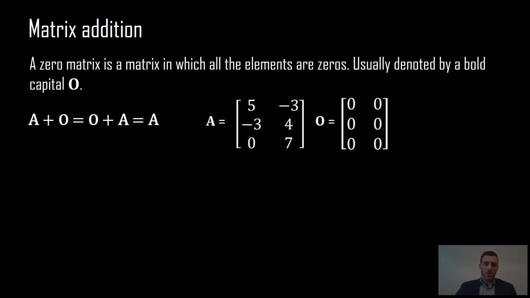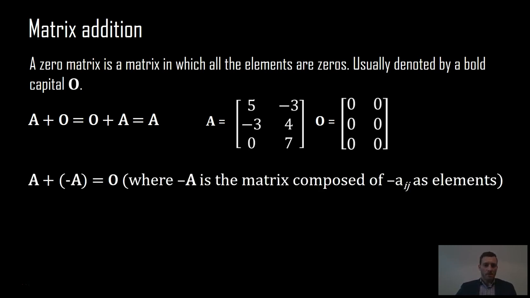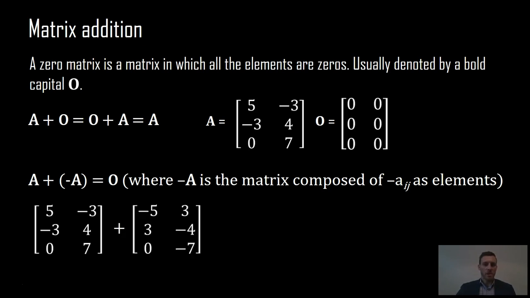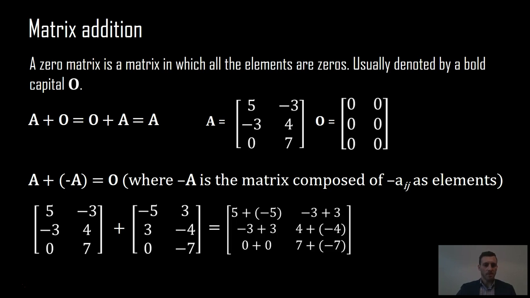Common sense says that when we add all of the elements, it's going to still equal matrix A. If we add matrix A to the negative of matrix A, we get a zero matrix, or matrix O. Matrix A plus the negative of matrix A, we add them together. We can add all of the corresponding elements, and we're going to get a zero matrix.